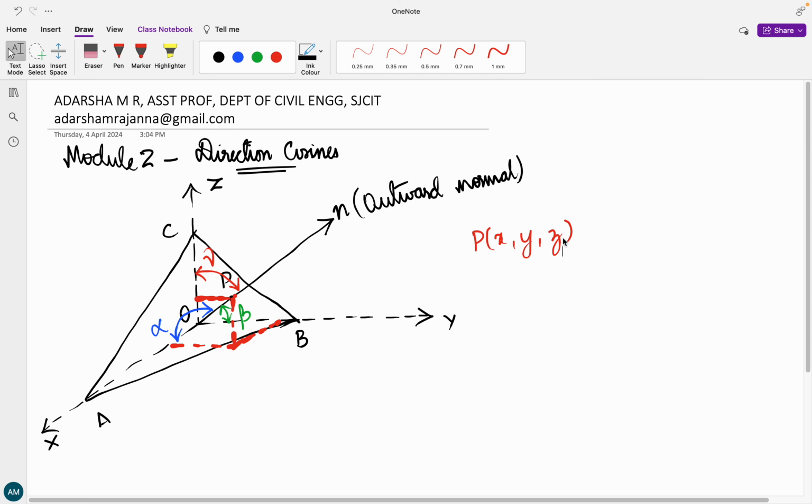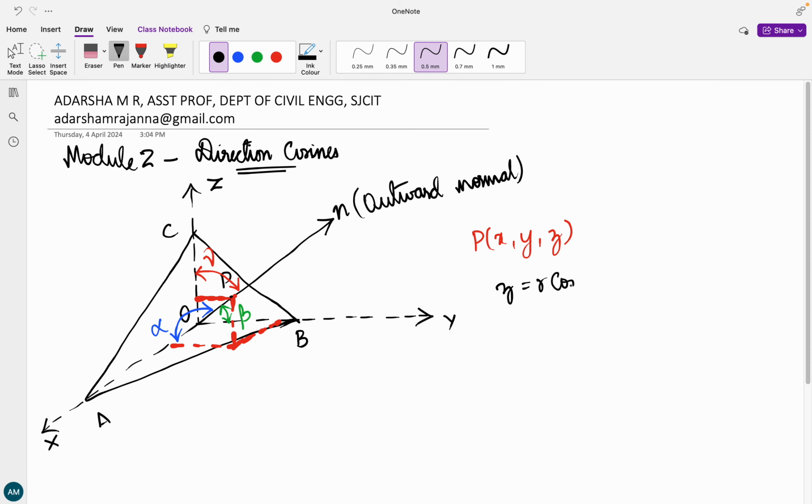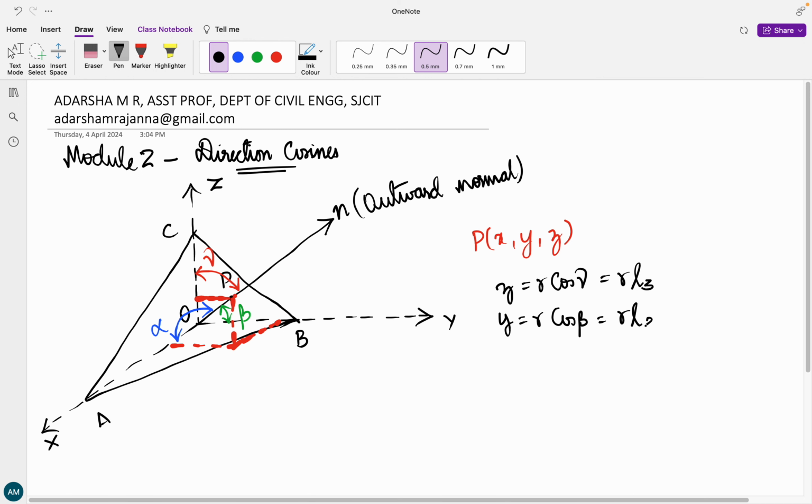Alright, so we had written Lx is equal to cos alpha, Ly is equal to cos beta. Therefore we have the third component, Lz is equal to cos gamma. Okay, and we have written that r is the distance from O to P. So I can write the coordinate z as r cos gamma or r L3, and y as r cos beta or r L2, x as r cos alpha or r L1.